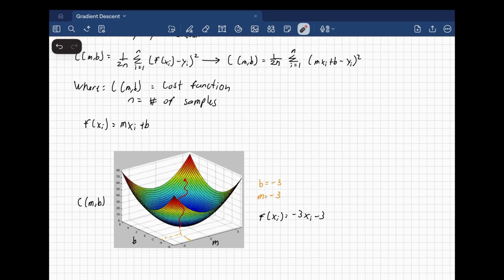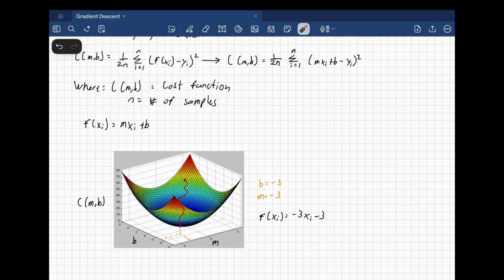Okay, to know which direction goes downhill, we need derivatives. A derivative measures slope, but now we have multiple variables, m and b. So we use partial derivatives. Now, this topic is not about derivatives, but if you want a separate lesson about that, please let me know in the comments and we can have a separate video.